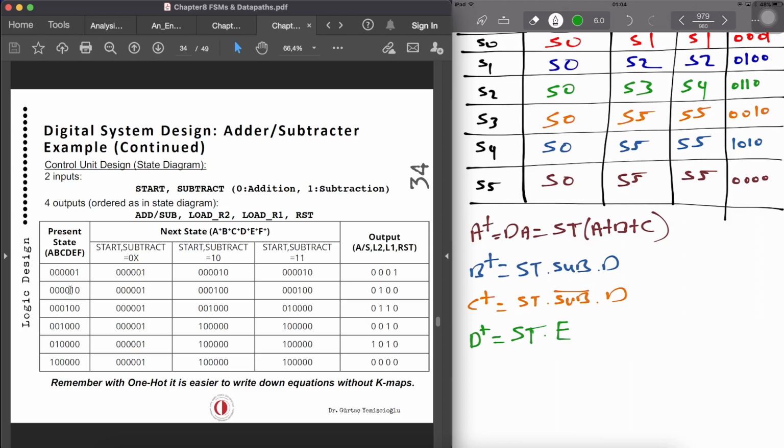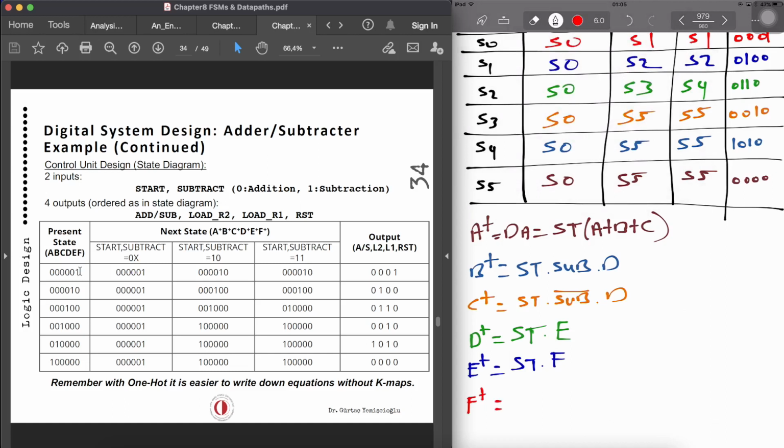So D is start and E. Then E plus, which is 0, 0, 0, 1, 0: those 2 points. Start is 1 and it is F. So start and F. The last one is F next state.